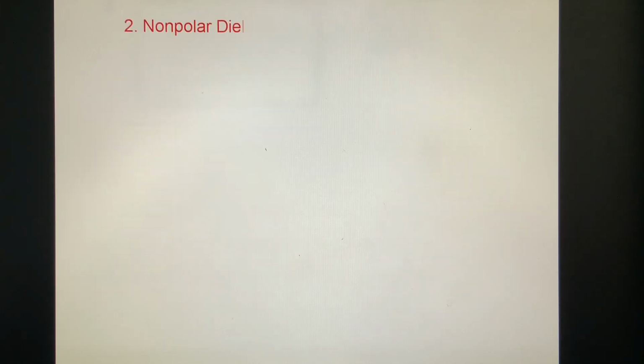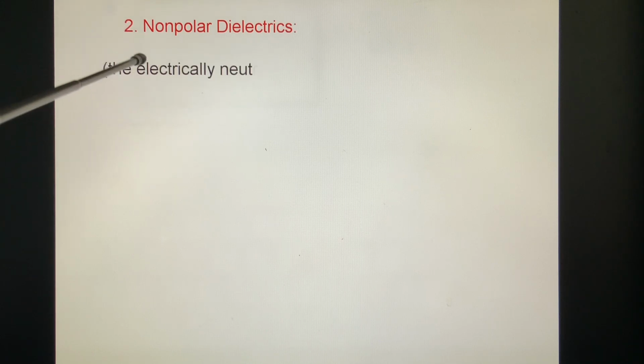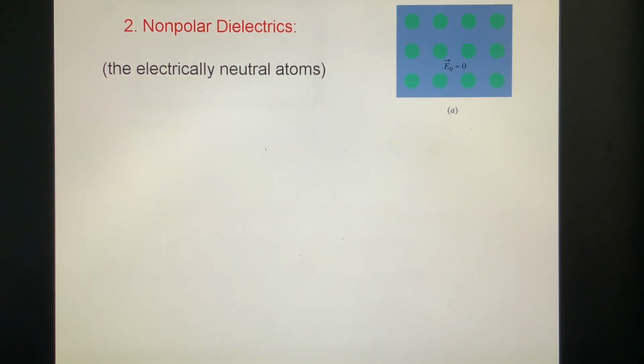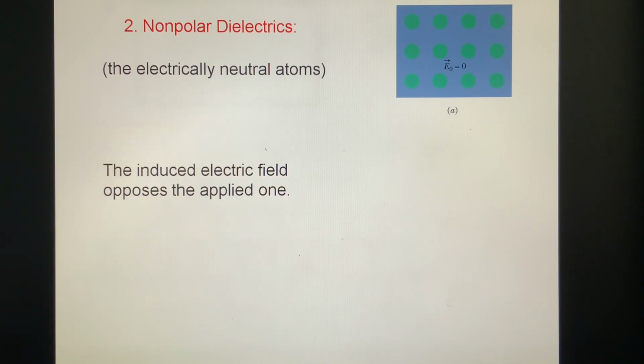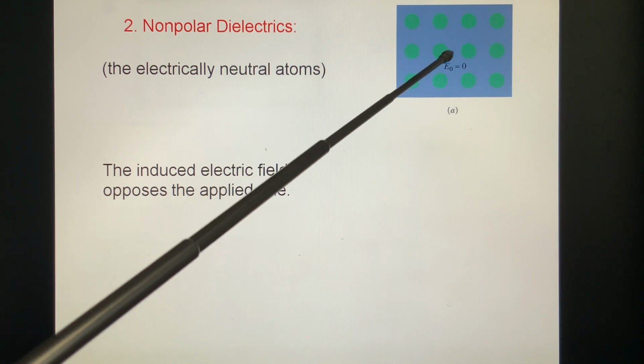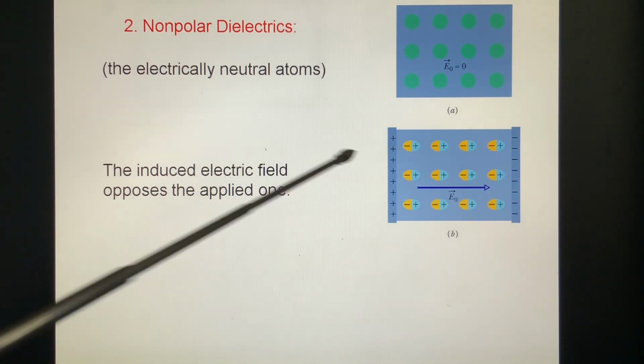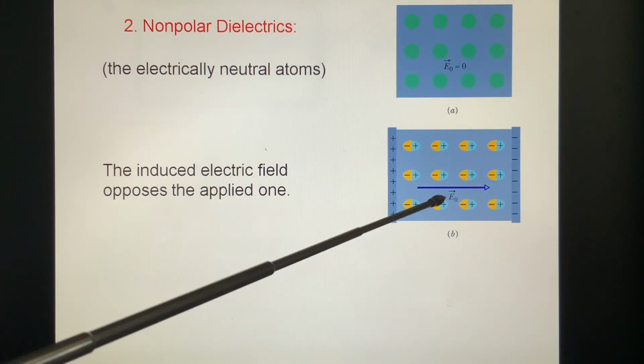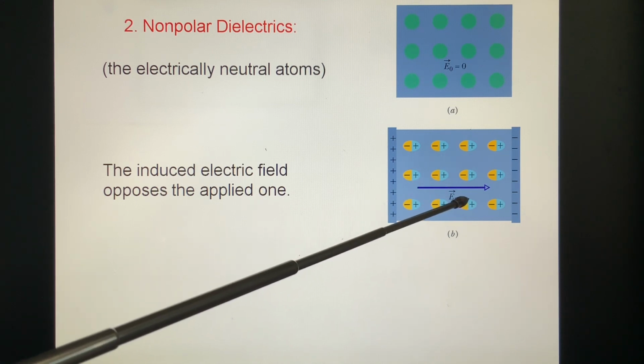2. Nonpolar dielectrics. This material has electrically neutral atoms, okay, they don't have a dipole. And when we apply an external electric field, they induce electric dipoles, and these electric dipoles will line up with E external.